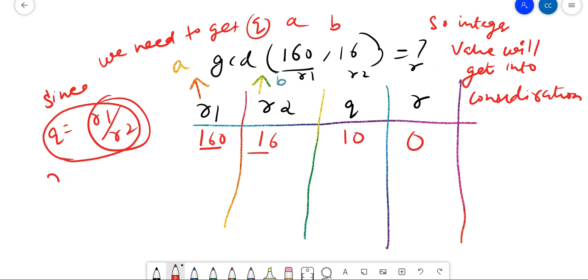Now what will be happening? Now R1 will become R2, right? And R2 becomes R, and how we are getting R?